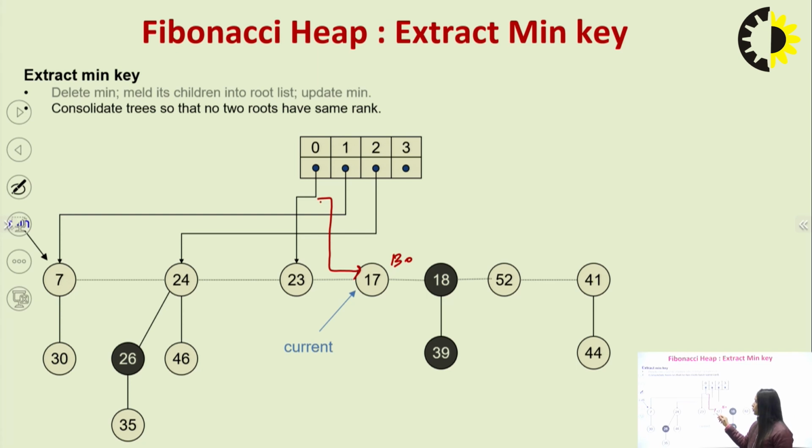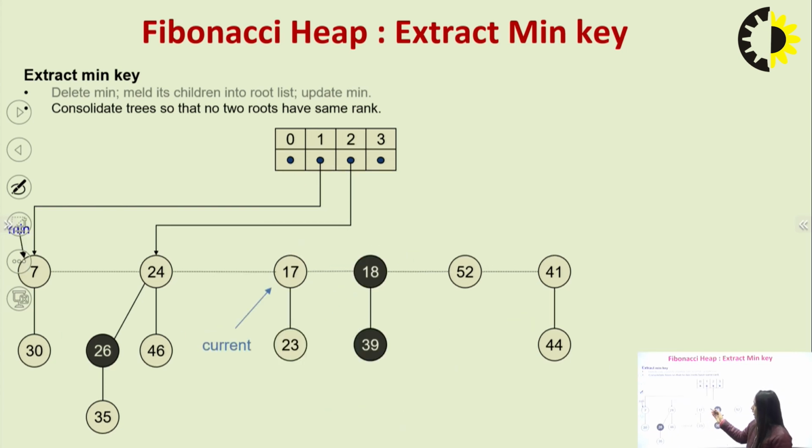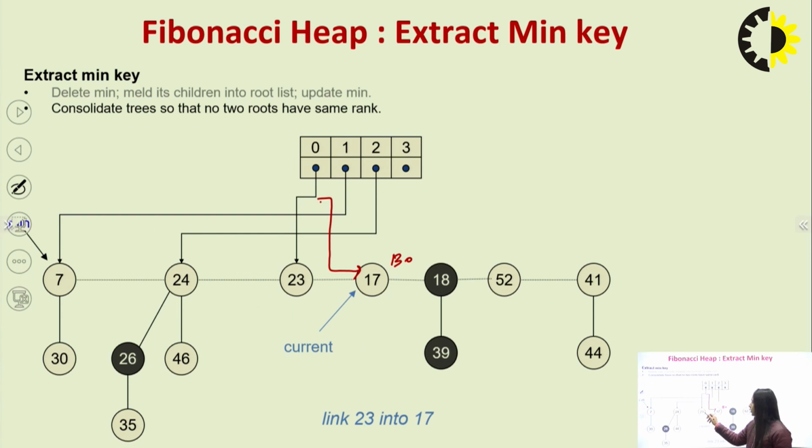So what I am going to do is resolve it by making 23 a child node of 17. To resolve this problem, because I cannot point the 0 pointer to nodes of the same degree.